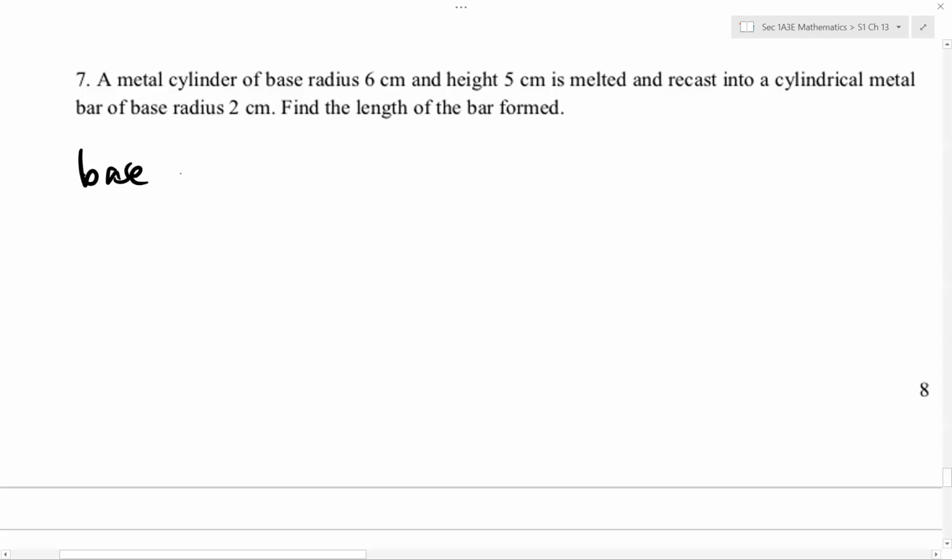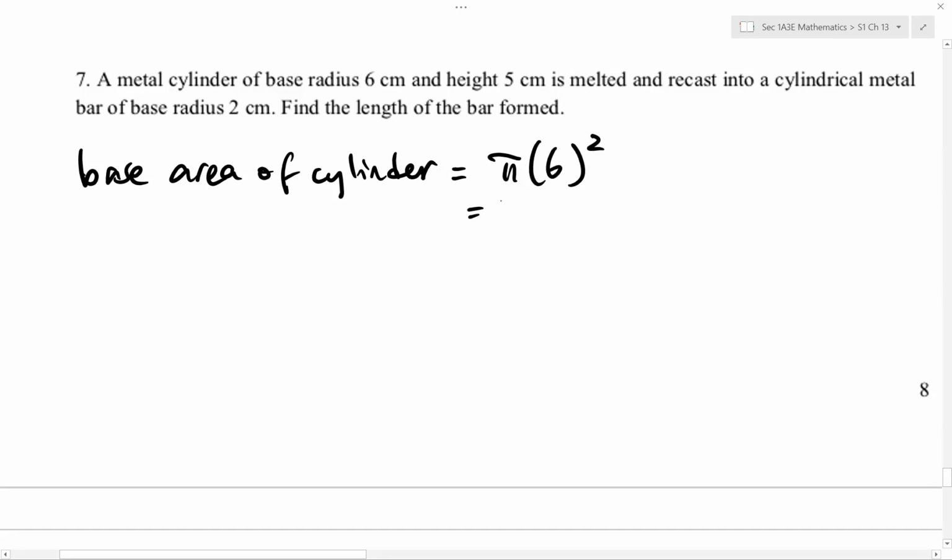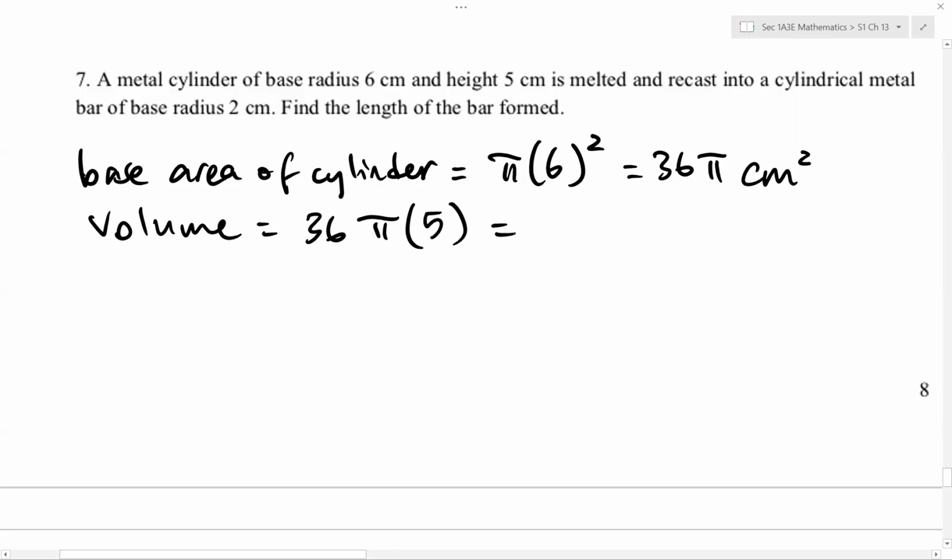Base area of cylinder, pi r square. Volume. Area. Recast into a cylindrical metal bar radius 2, pi r square.